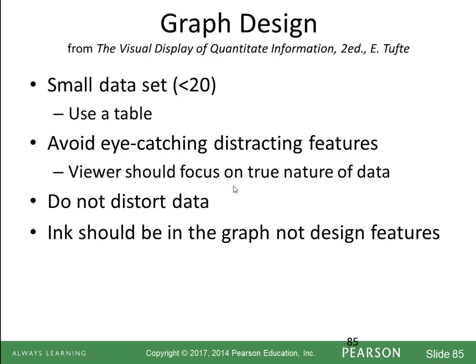They put all kinds of graphs in there, and most of the time they're pretty bad graphs. So we don't want our graph to distort the data, and the ink should be in the graph and not the design features. So make your graph meaningful, not pretty.